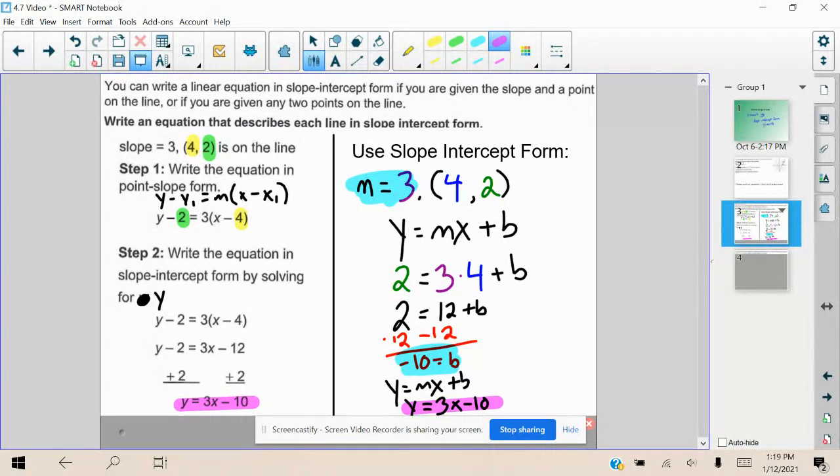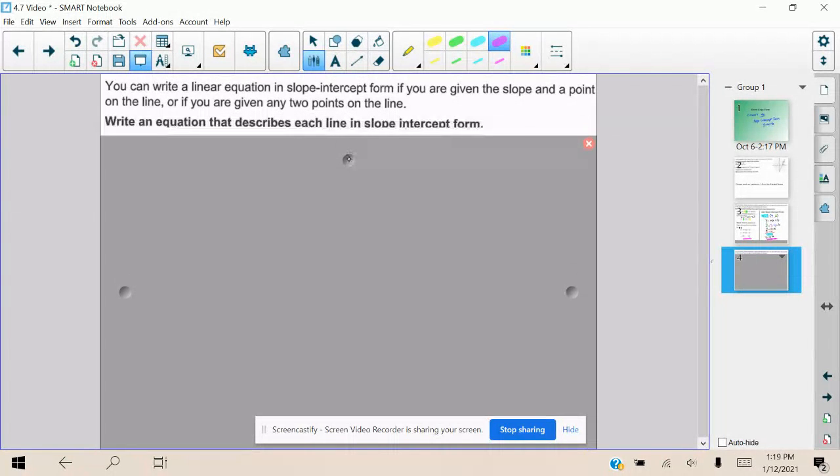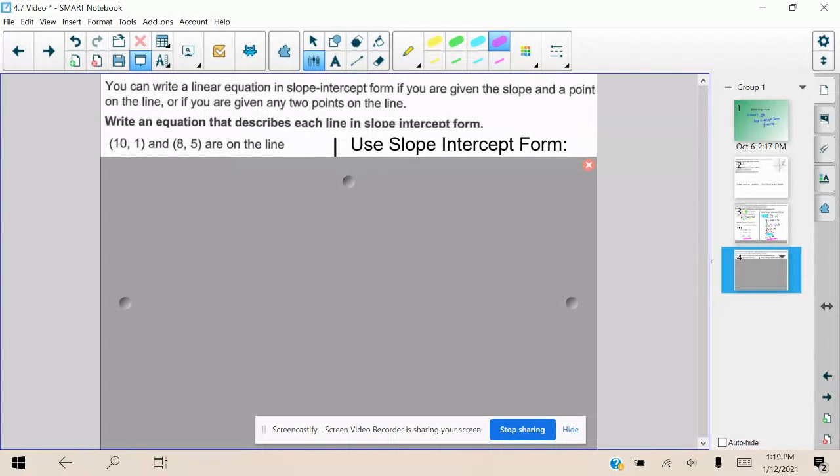Now we're going to go to the example on the right-hand side, which is when you are given 2 points that are going to be on that line. We don't know the slope, but we're going to be given 2 points. So we need to first identify what those coordinate points are. We have 10, 1 and 8, 5.